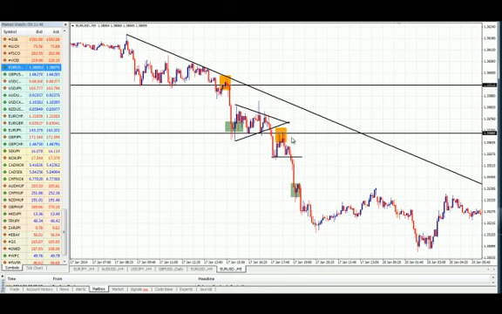Because the thing is, guys, of course we can also wait for price just to test back this area of previous support as resistance. But if we had actually traded the put option here, we would have ended up very close to being out of the money, because we rejected this area before actually breaking through.